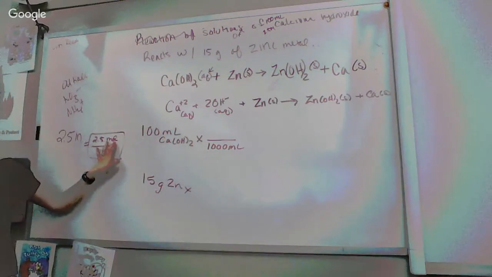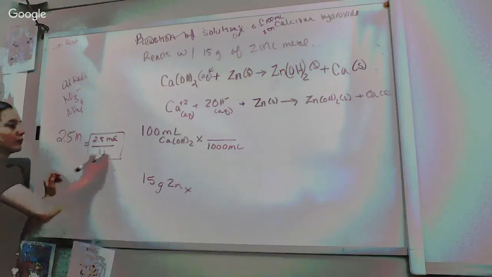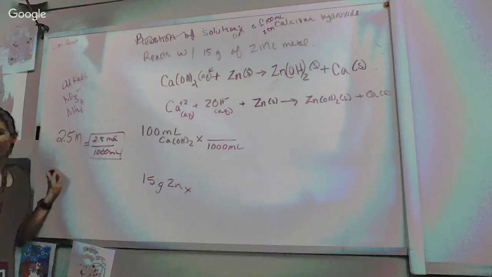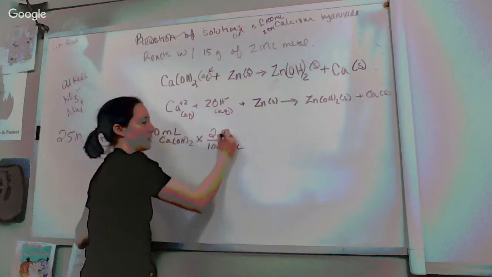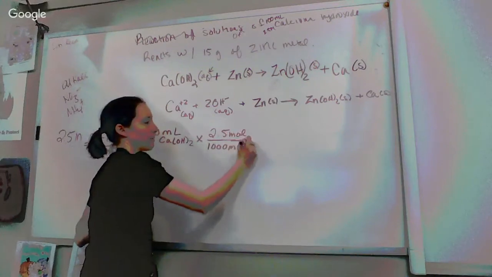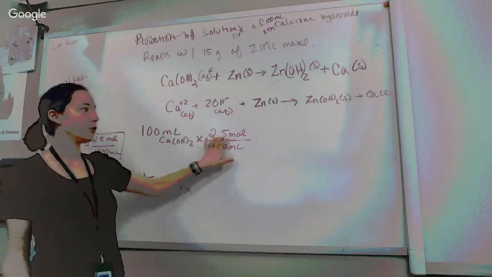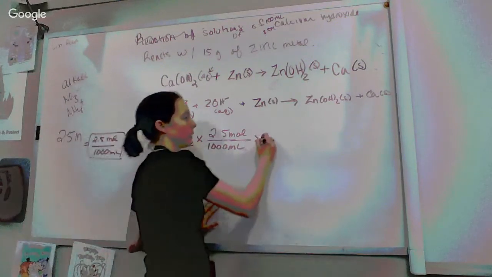If this is 2.5 moles in 1 liter, it has to also be 2.5 moles in 1,000 milliliters. Is that true? Okay, because I'd already written that, I'm just going to do this. So this tells me if I had a 1,000 milliliter beaker, I had 2.5 moles of calcium hydroxide mixed inside that. It's all dissolved around.